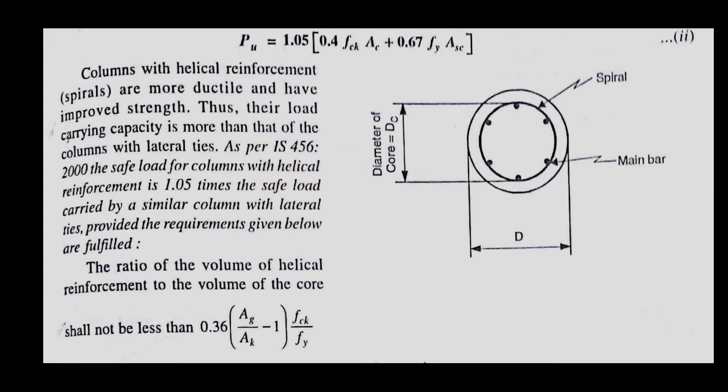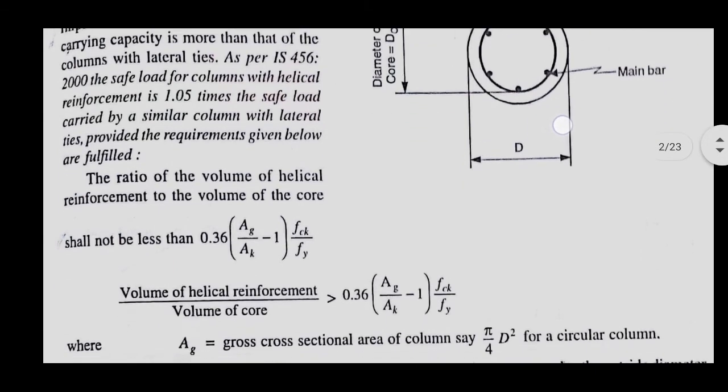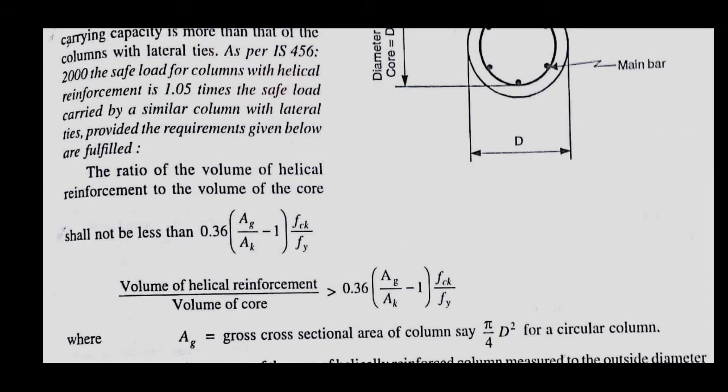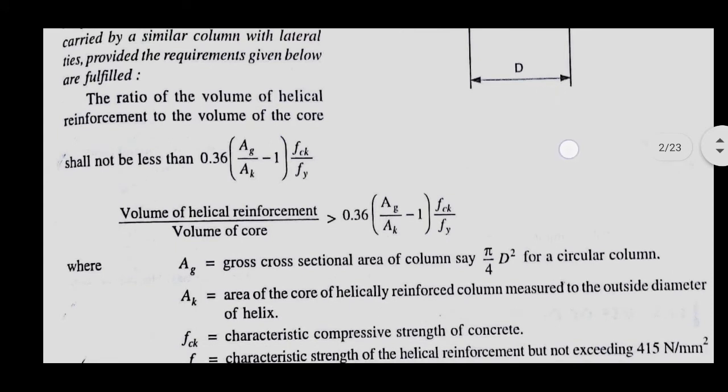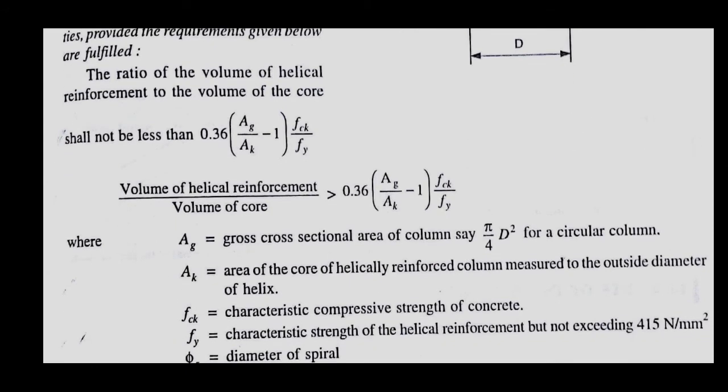Core diameter is denoted by dc, and whole diameter is denoted by capital D. Now, as per clause 39.4.1, volume of helical reinforcement by volume of core should be greater than 0.36 into (Ag by Ak minus 1) into fck by fy. Ag is the cross-sectional area of the column, so it will be pi by 4 into D square, that means whole diameter square for a circular column.